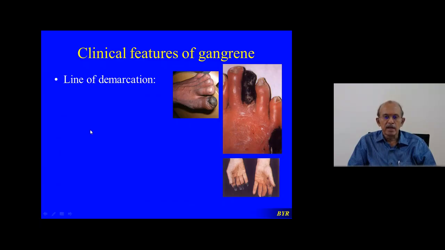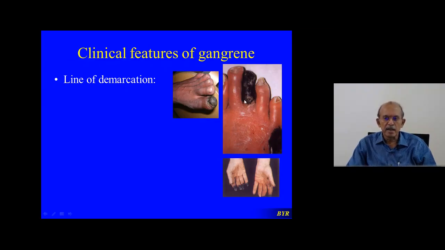Clinical features of gangrene: line of demarcation. When you closely look at this gangrene here, this is the gangrenous area, and this part is a granulating zone separating the normal viable tissue from the gangrenous area. This is called the line of demarcation.